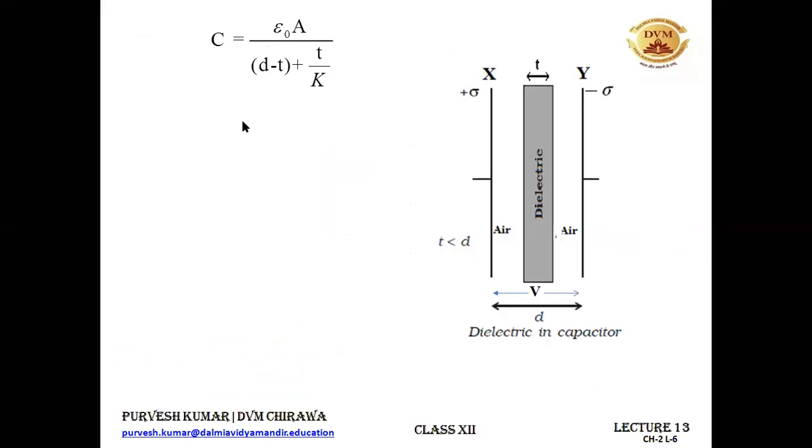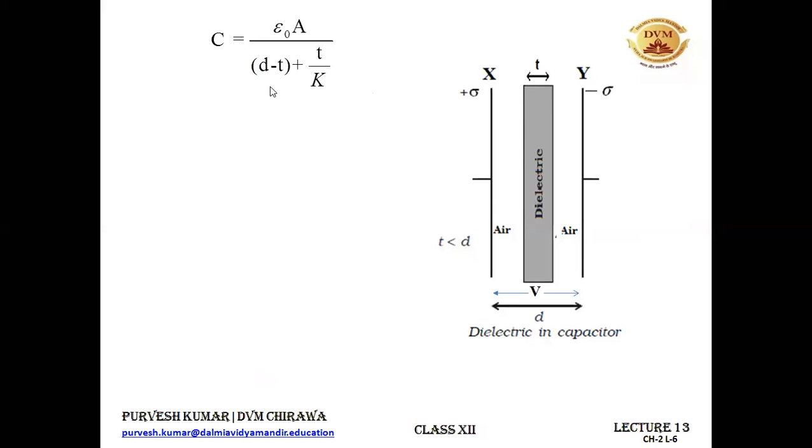Now, what happens if you completely fill the space between the plates with the dielectric? That means t becomes equal to d, the distance between the plates.